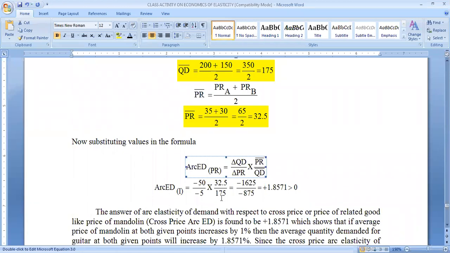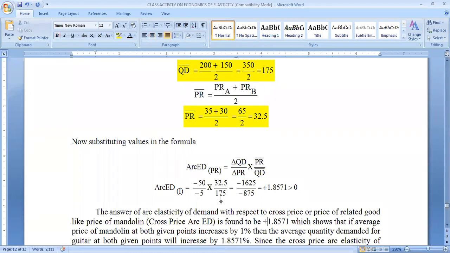So multiplying 50 with 32.5, we obtain 1625 in negative terms. And when we multiply 5 with 175, then we obtain an answer 875, but it is again in negative. So negative divided by negative, the answer becomes positive. So 1625 divided by 875, the answer becomes 1.8571, and it is greater than 0.